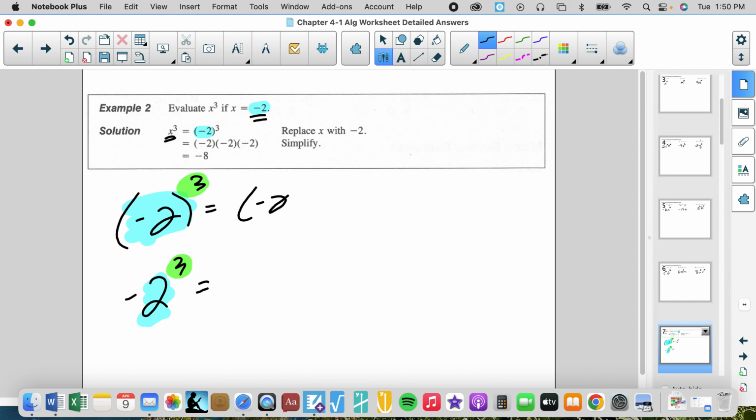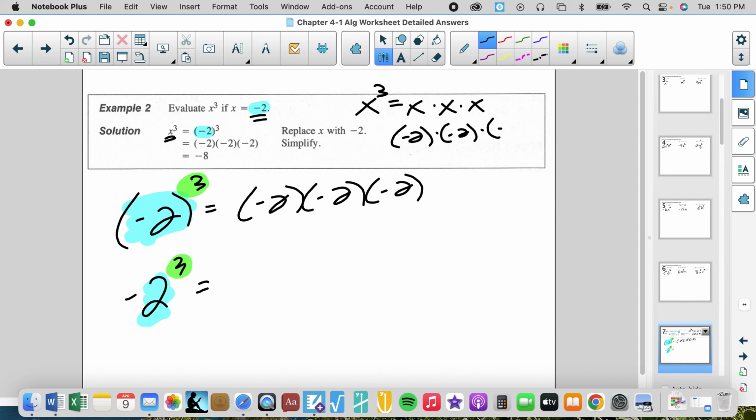So this is negative 2 times negative 2 times negative 2. Because think about it. If we have x cubed, that's x times x times x. And if x equals negative 2, we're going to see 3 of those negative 2's, which produces negative 8.